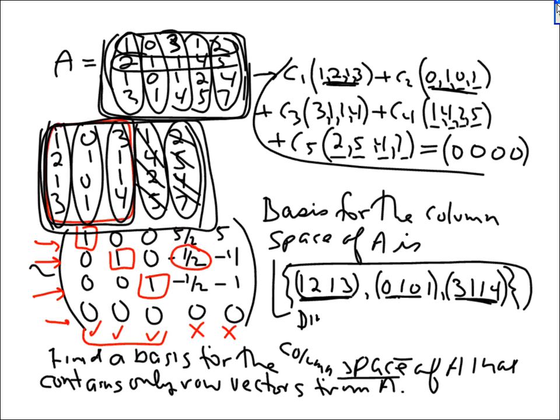The dimension of the column space is 3 because the basis had 3 vectors. Recall when we took the same matrix A, and we found the dimension of the row space, it was also 3.